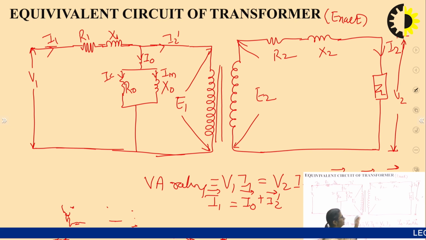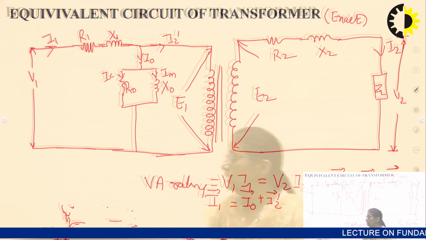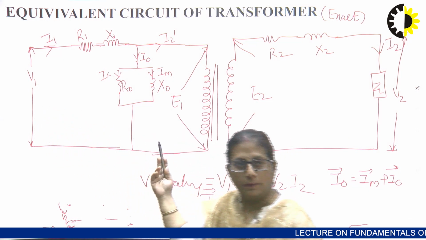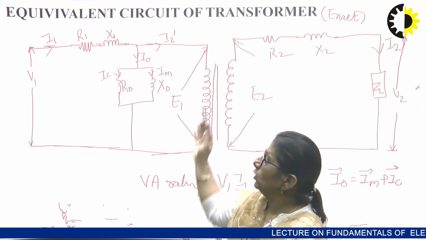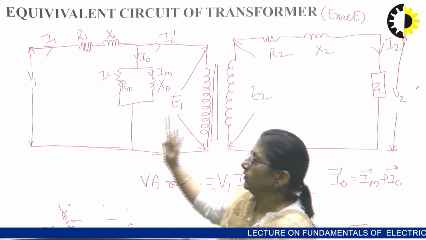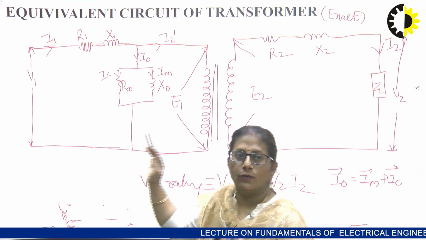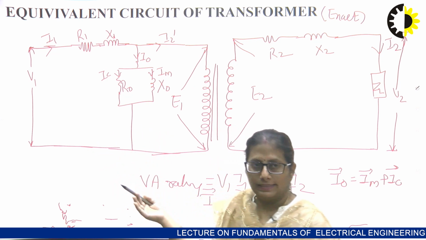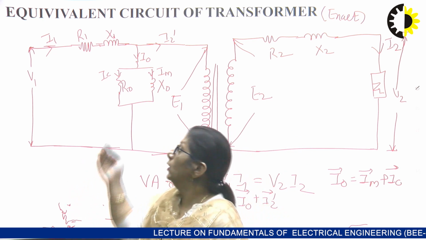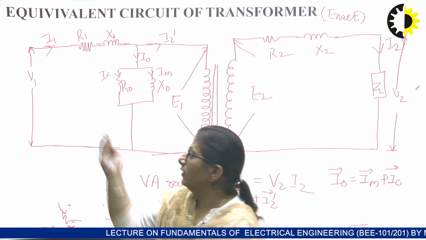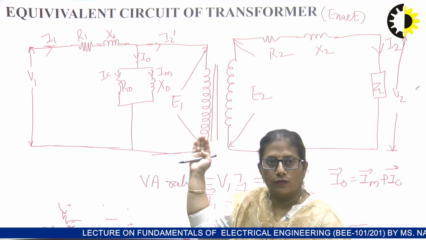From this very circuit itself, we draw the phasor diagram and get the relationship between V1 and E1. If I consider there is nothing in between, that it is not loaded and not drawing any current, only a very negligible no load current is there, then V1 must be equal to minus E1.